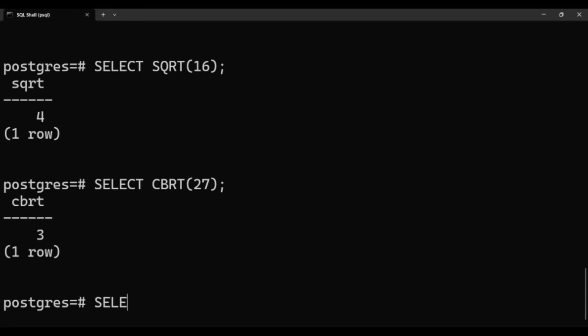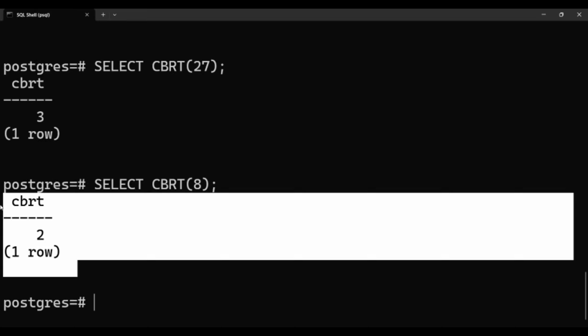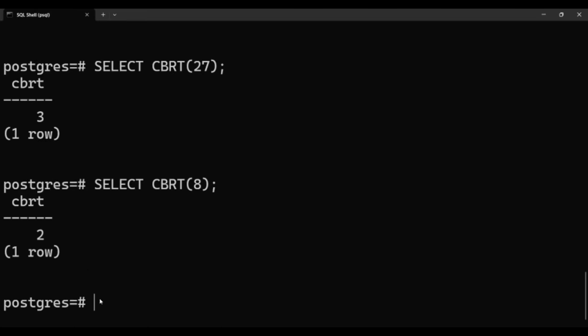For the cube root, we will use CBRT. So select CBRT of 27. The cube root of 27 is 3, right? So we got the output. And then the cube root of 8 is 2. That is how we will get the values of square root and cube root.